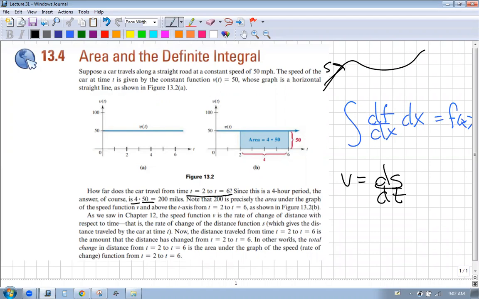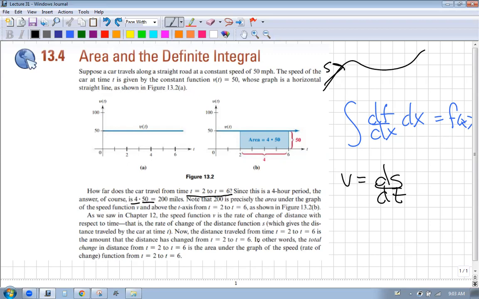Now the distance traveled from time 2 to time 6 is the amount that distance has changed from 2 to 6. In other words, the total change in distance. So this is v, but yeah, the change in position with respect to time is the velocity. I need a better picture than this.